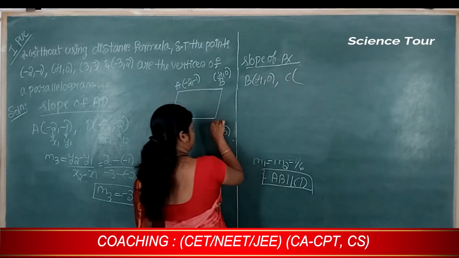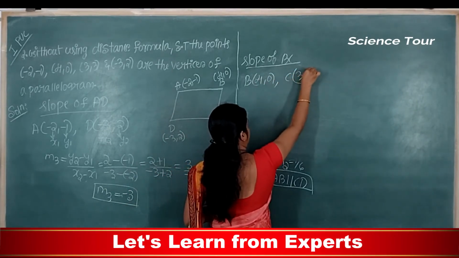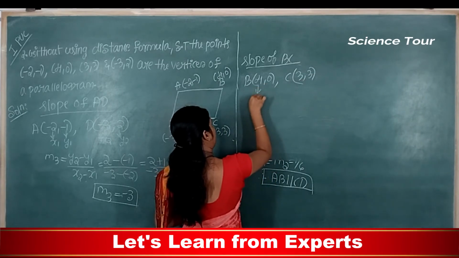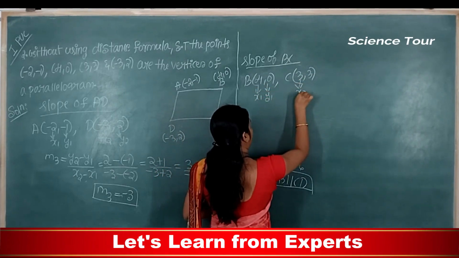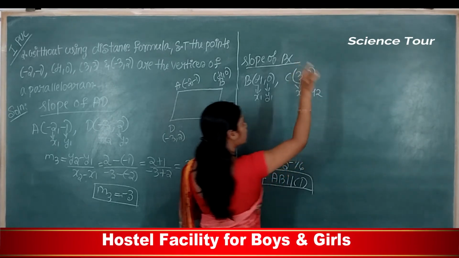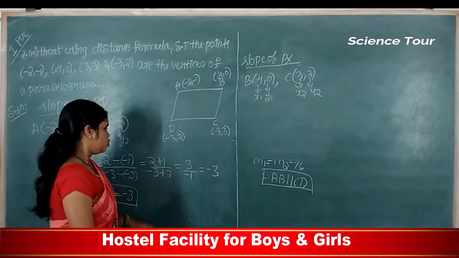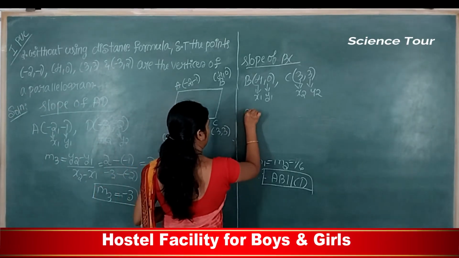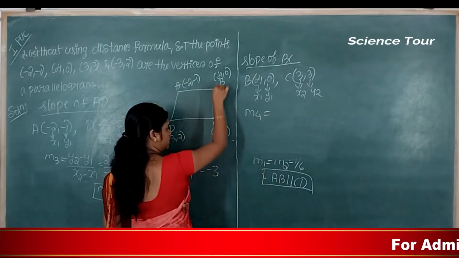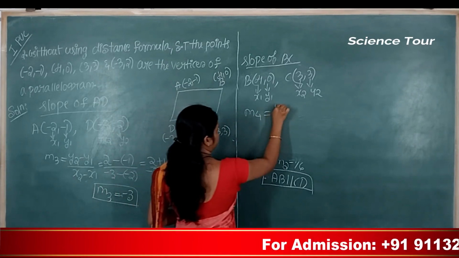Point C, what is the coordinate of point C? That is 3, 3. Consider this 4, 0 as x1, y1 and 3, 3 as x2, y2. So m3 is the slope of AD. Now m4 I'll consider.